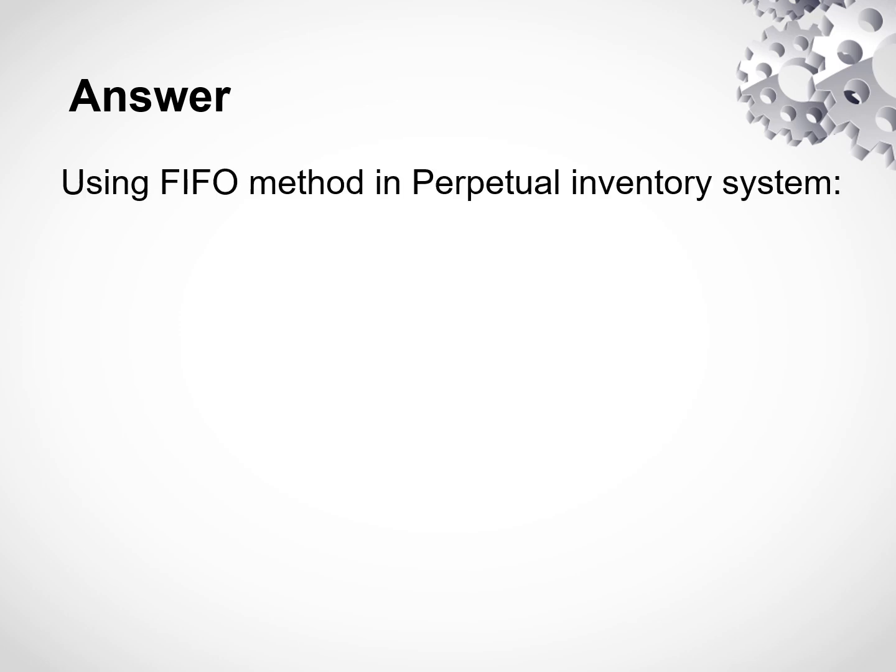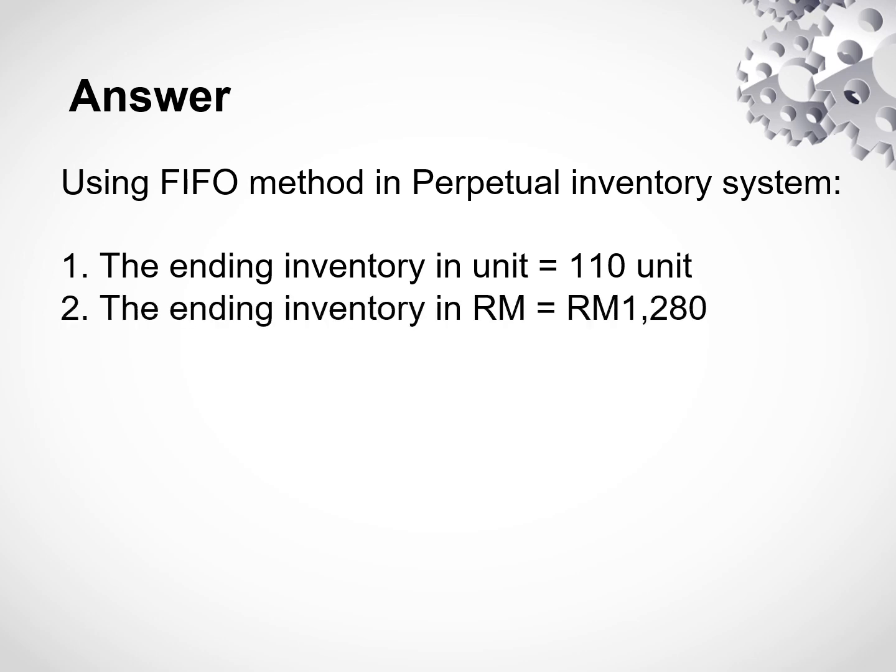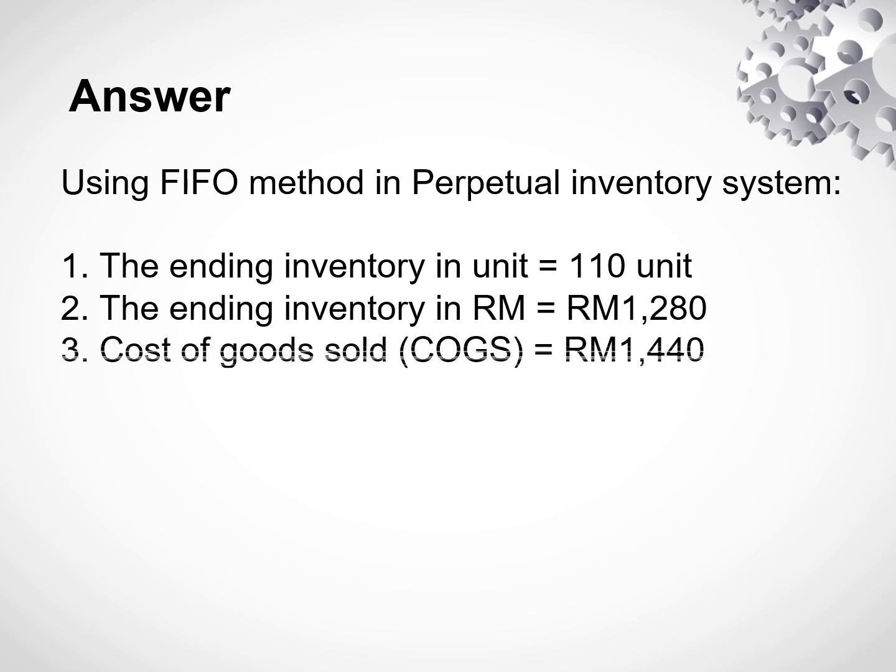So, answer using FIFO method in perpetual inventory system. Number 1, the ending inventory in unit equals to 110 unit. Number 2, the ending inventory in RM equals to 1280. Number 3, cost of goods sold equals to 1440.